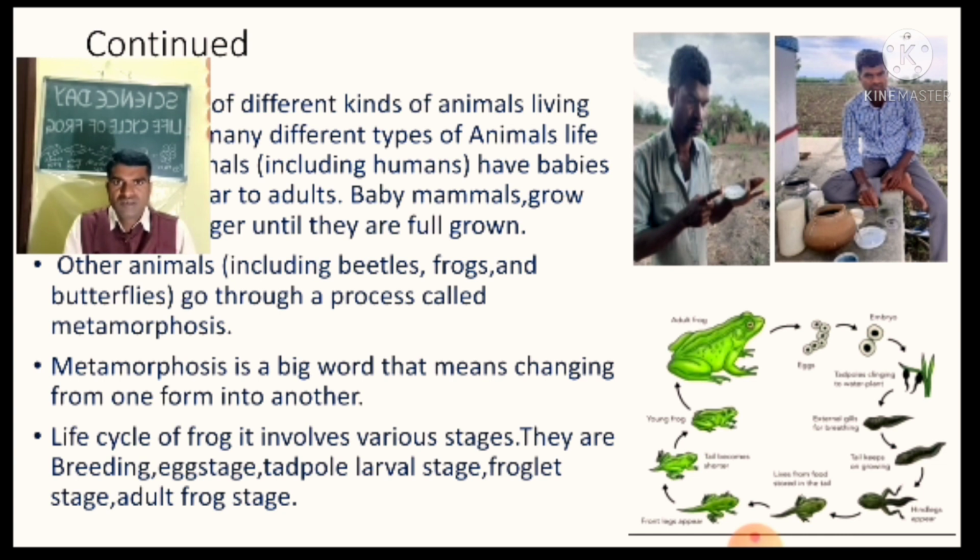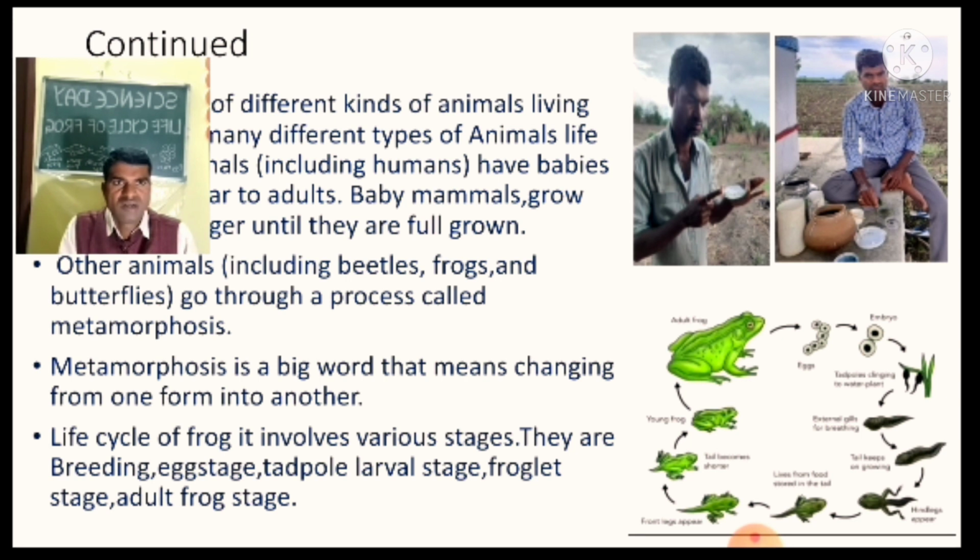The life cycle of a frog involves various stages. They are breeding, egg stage, tadpole stage, froglet stage, and adult frog stage. Now coming to this point, here some diagrams are also there. In this field visit, we collected some eggs here.